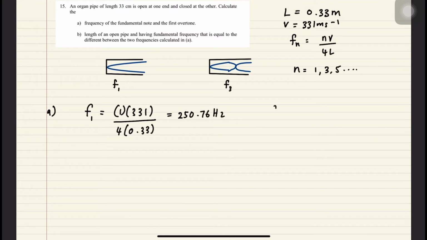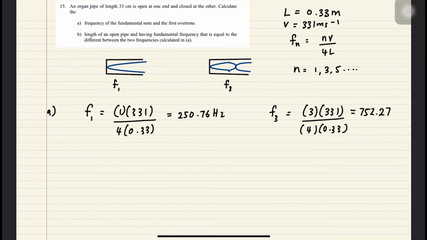Okay, and I can calculate the F3, which is equals to 331 over 4 times 0.33 times 3. I got here 752.27.